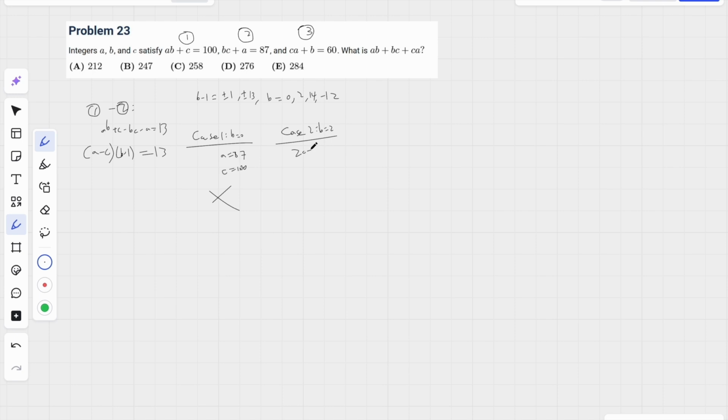Here, 2c plus a equals 87, and 2a plus c equals 100.